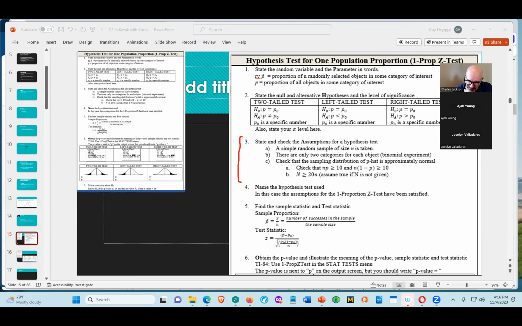And then big N, which is sometimes not given, which is the population size, is greater than or equal to 20 times the little n, which is the sample size. So this question is about the assumptions.